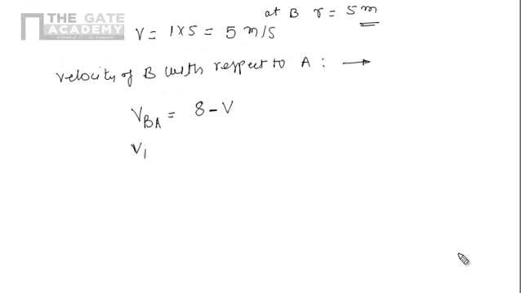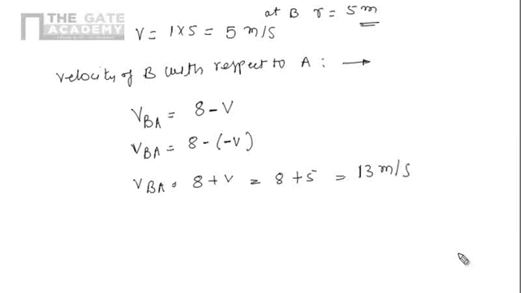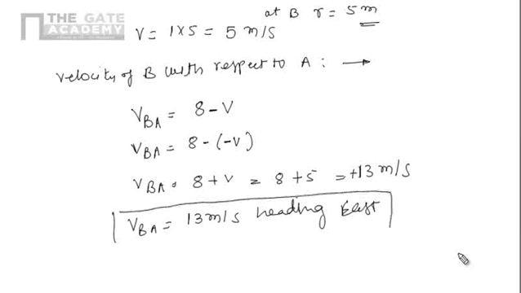The velocity of B with respect to A is 8 minus (minus v), so V_BA equals 8 plus v, that is 8 plus 5 equals 13 meters per second. It is coming positive, so V_BA equals 13 meters per second heading east. So the correct answer for this problem, the velocity of B with respect to A, is 13 meters per second heading east.